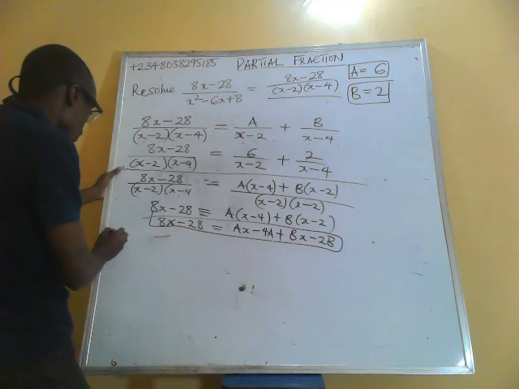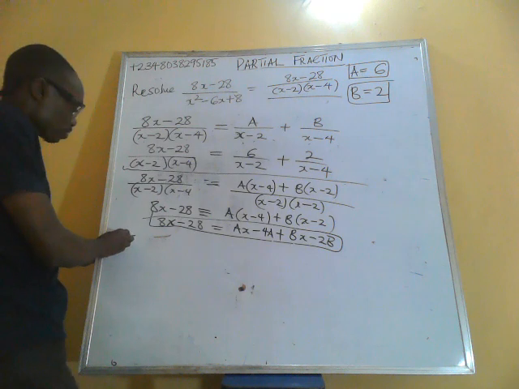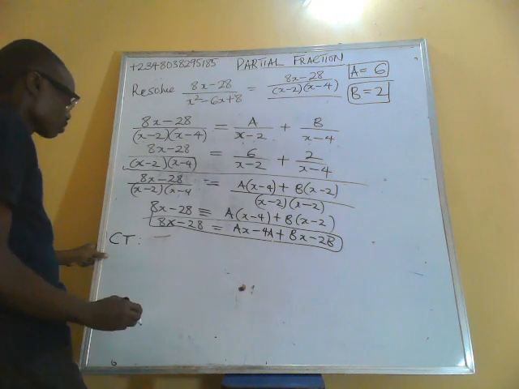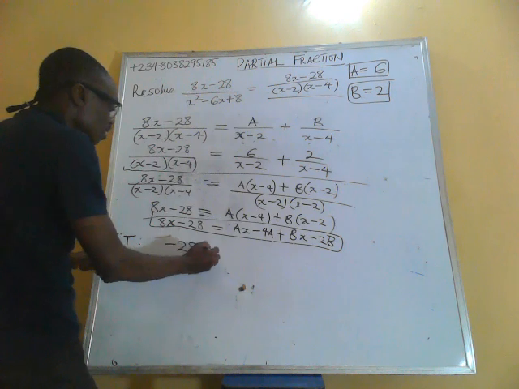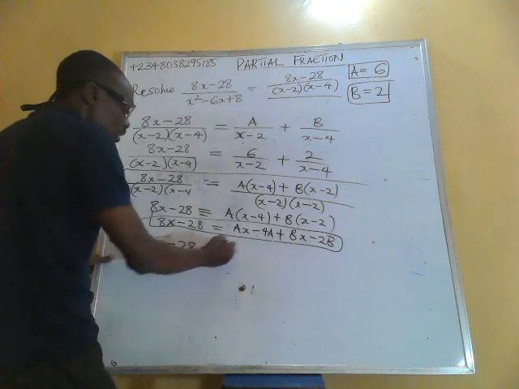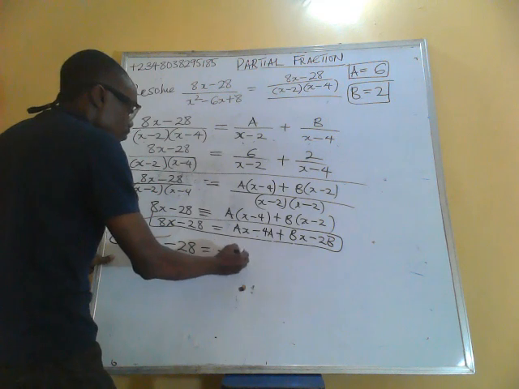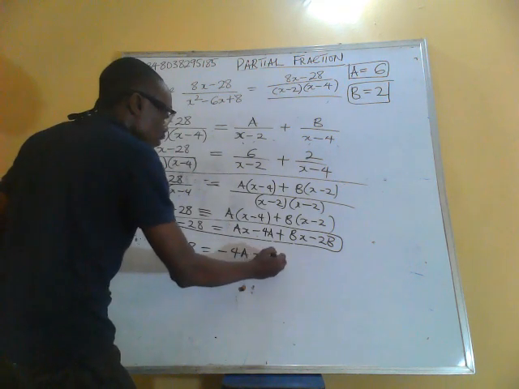For the constant term, that is pure numbers, we have on the left hand side minus 28. On the right hand side we have the first constant term, minus 4a. The next one is minus 2b.